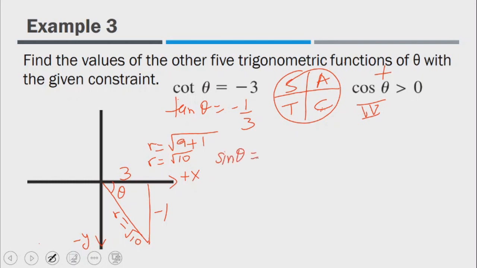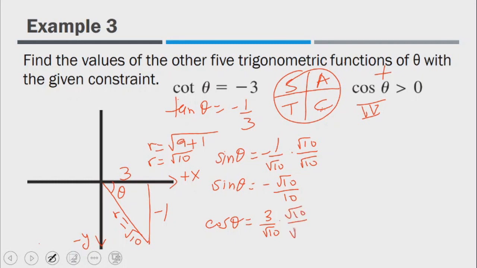So now we can find sine theta. Sine theta is going to be negative 1 over root 10. You want to clean this up a little bit by multiplying the numerator and the denominator by root 10, so sine theta is going to be negative root 10 over 10. And cos theta is going to be 3, which is the adjacent, over root 10. Again, if you multiply both the numerator and the denominator by the square root of 10, you get that cos theta equals 3 root 10 divided by 10.